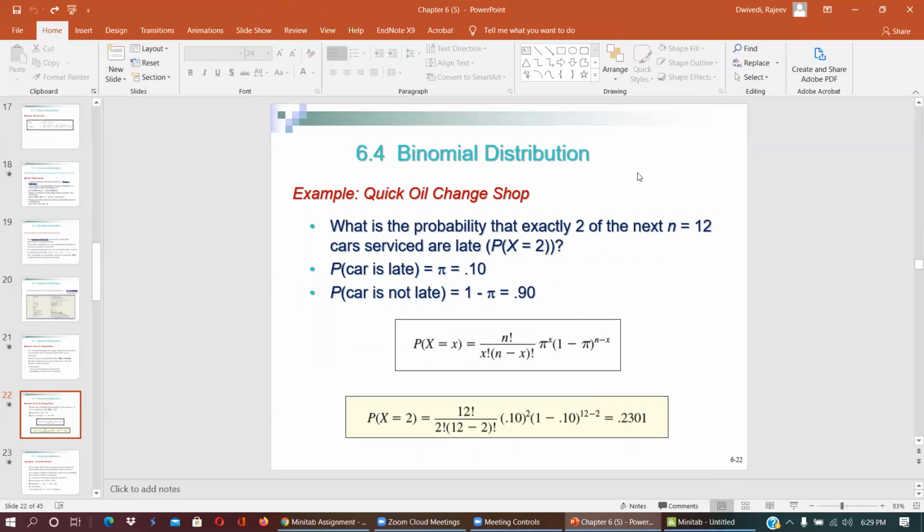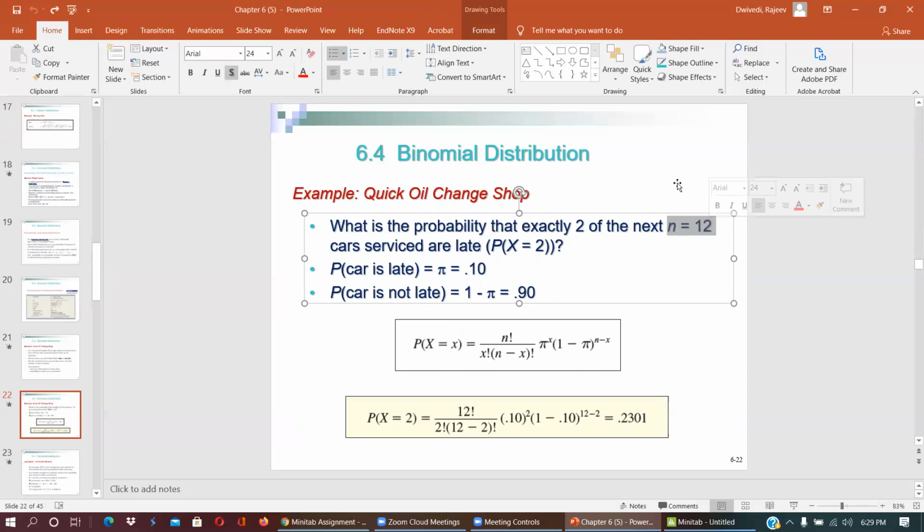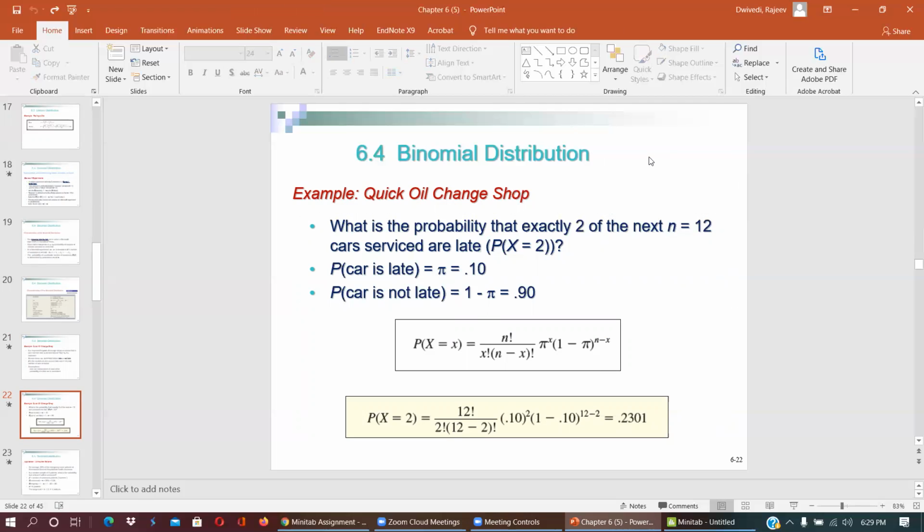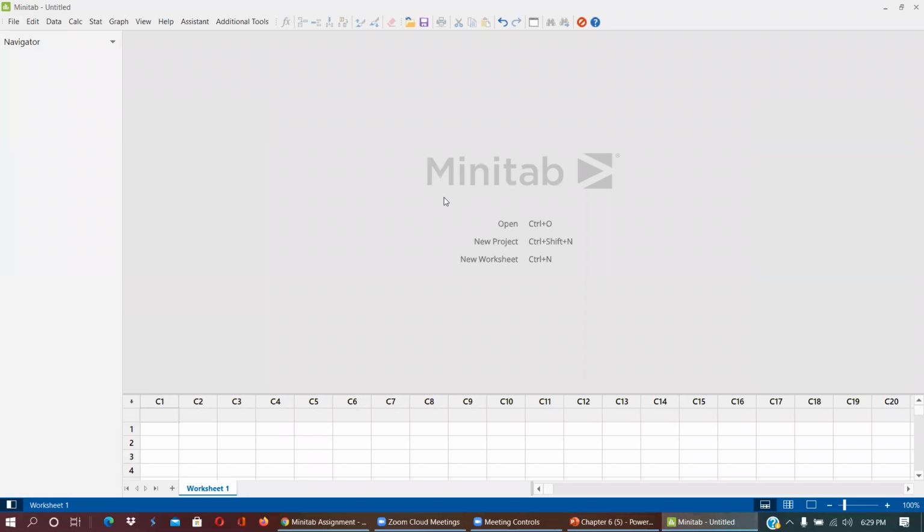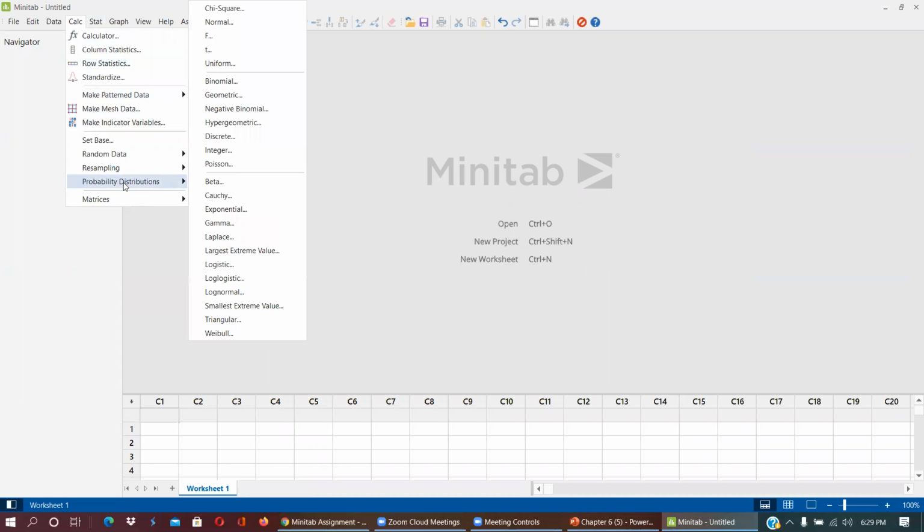So instead of doing all these things, here we have n of 12. We are taking 12 cars and we are looking at exactly 2 cars. The pi is 10%. So very simple. I'm just using Minitab. Can you see the Minitab? Under Calc, we have Probability Distributions.